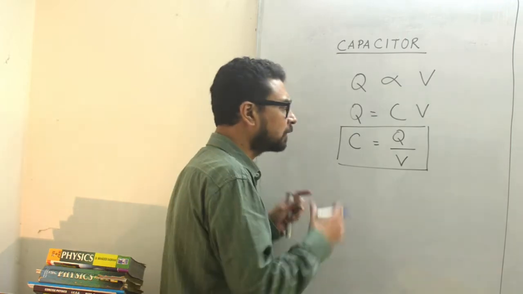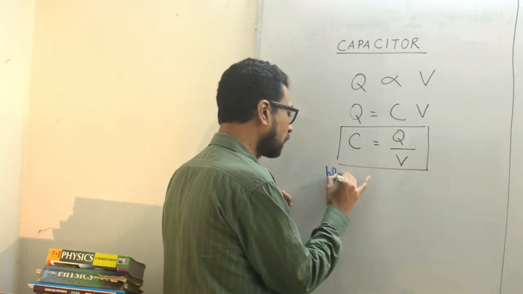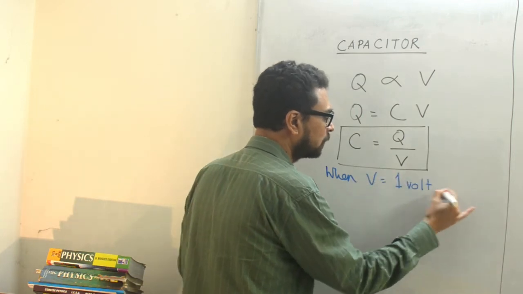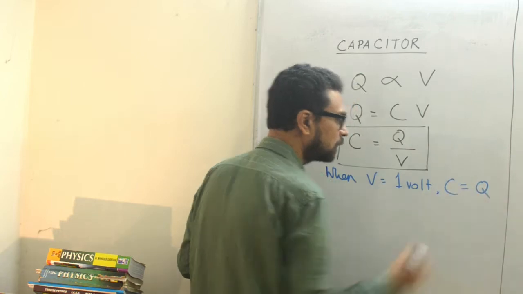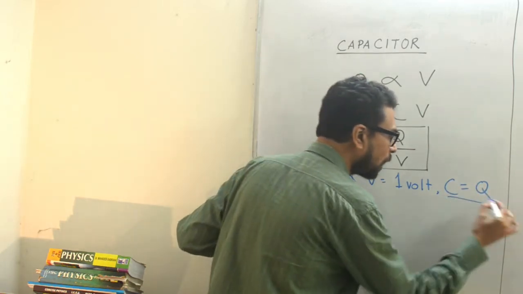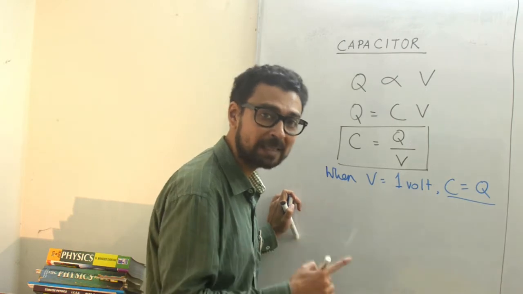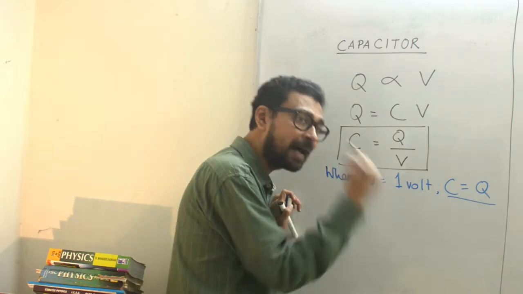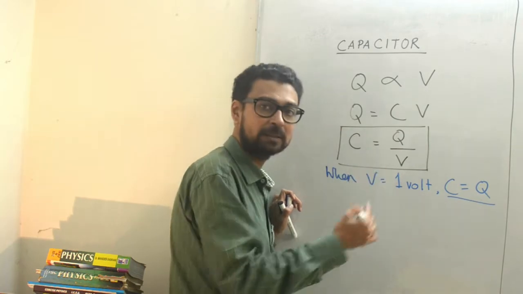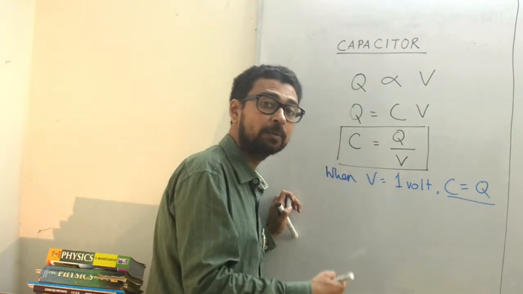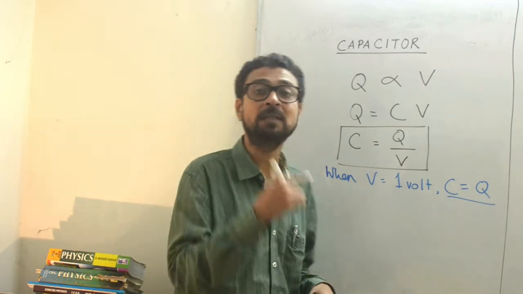When the potential is 1 volt, then C is equal to Q. That means it is the amount of charge we can store to raise the potential of a particular space by 1 volt, and that quantity defines the capacitance of that particular device or space.